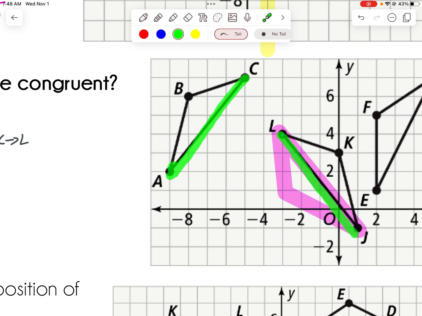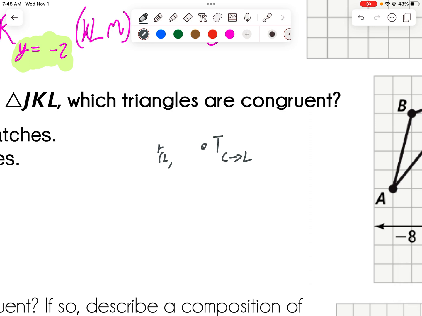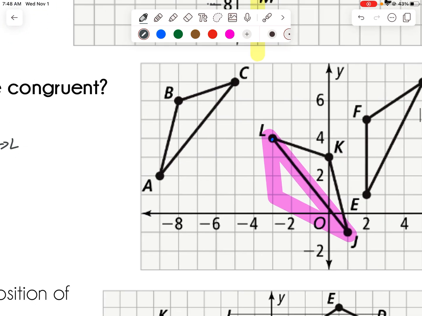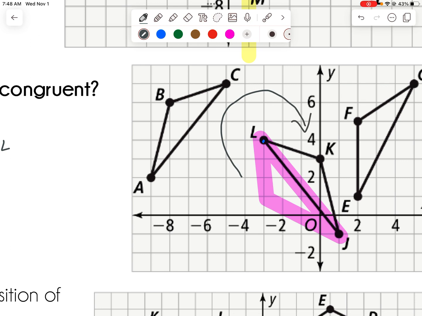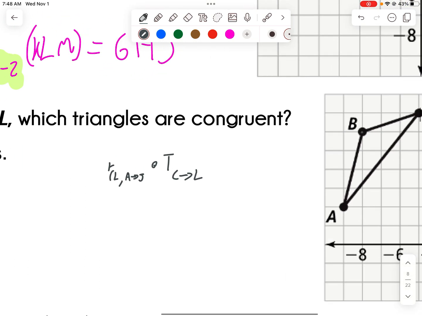So see my long side, that's A. A rotated and landed on J. So I'm going to say rotate around L so that A lands on J. If I were to go the other way and get it up there, then I would want my B to land on K. All right, so B would land on K if I rotated it further, if I rotated the other way. All right, so here's my rotation.